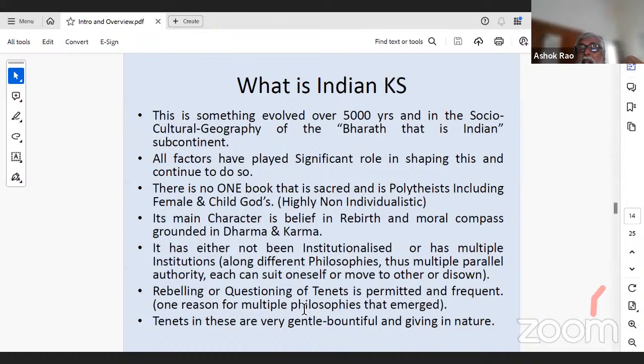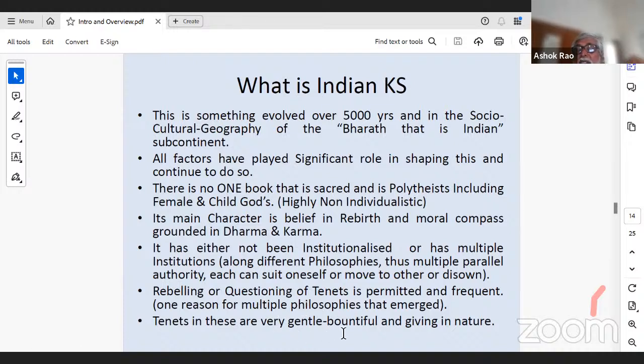One reason for the multiple philosophies that have emerged in India: India today has at least 10 or 15 living philosophies. People may call it different names. Dvaita, Advaita, Vishishta Advaita, Gnostic, Charvaka's philosophy, Buddhist philosophy, so many things emerged.